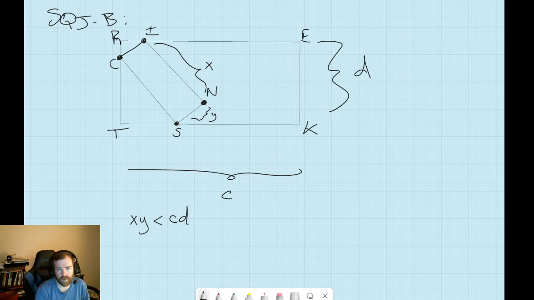Perimeter, not area. But it's basically the same thing.